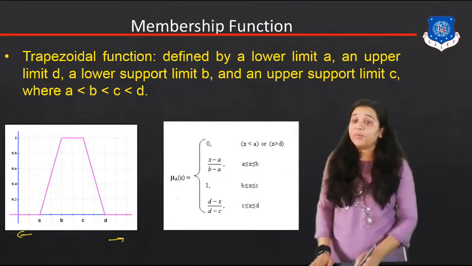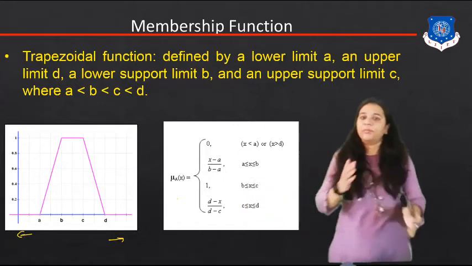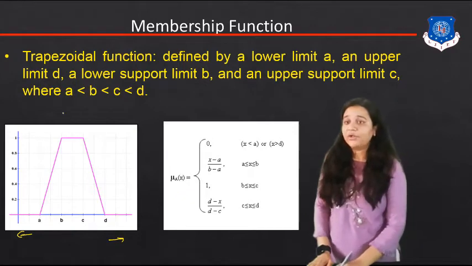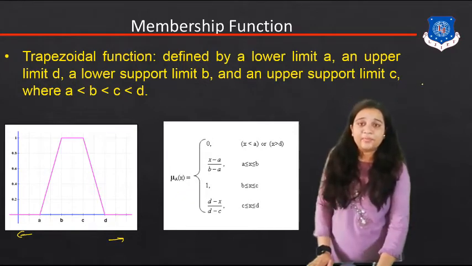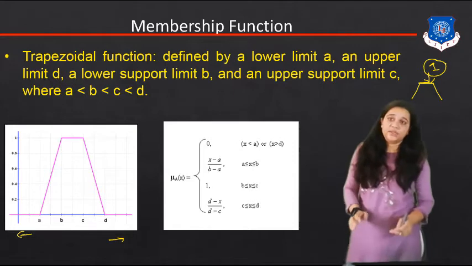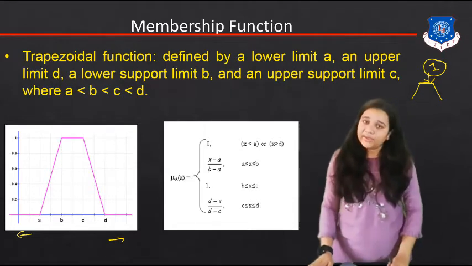If the value is between the two support limits, that means the lower support limit b and the upper support limit c, we get the answer 1, because here you can see in this graph, in the form of a trapezoid, we get the value 1 when the value is between the lower support limit b and the upper support limit c.